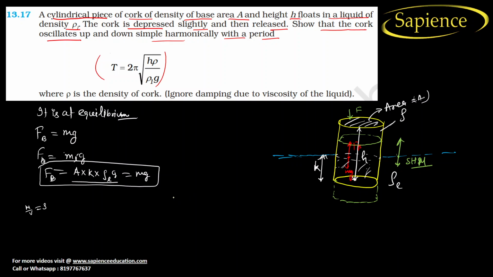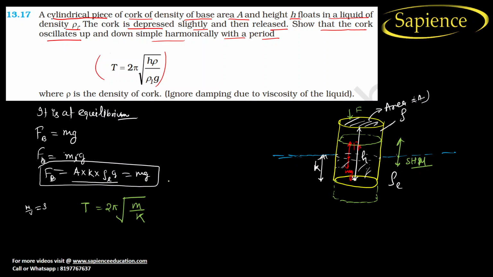What do we want to find? We want to find the time period of the S.H.M. So time period is equal to 2 pi root under m by k. Got it?